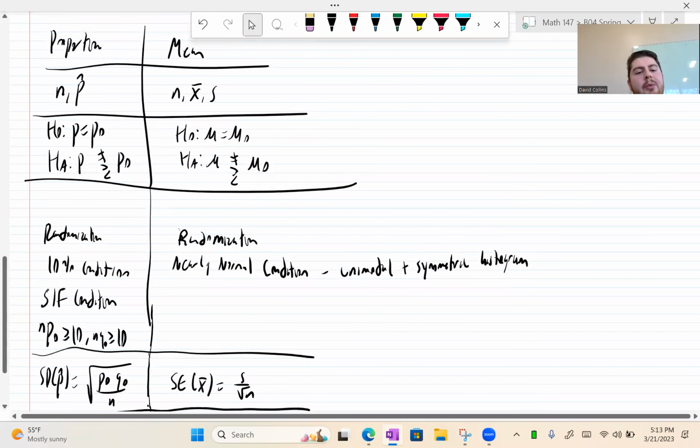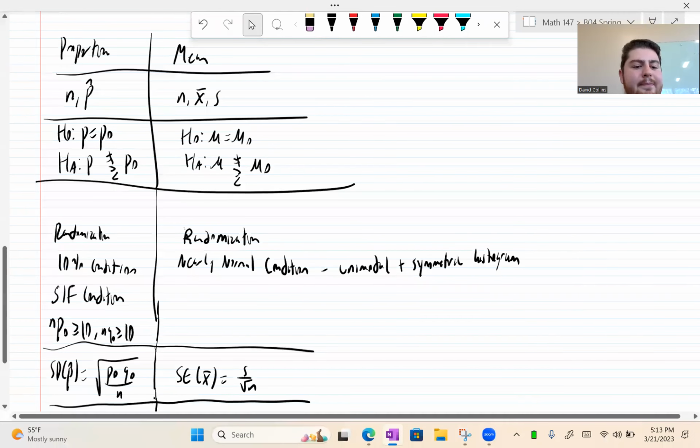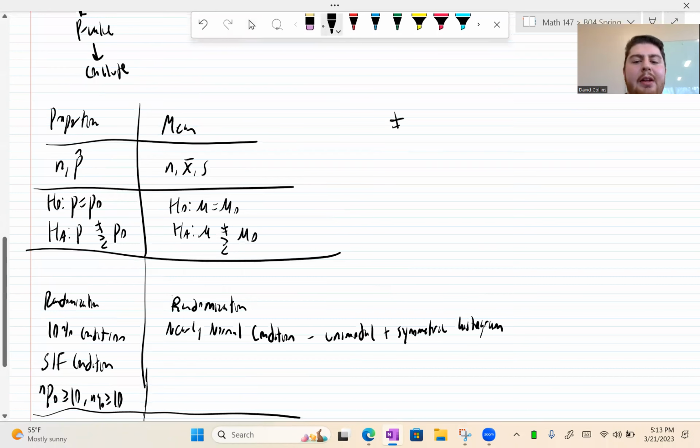You assume you know what your p or mu is, and then you're trying to see if it's not that, if it's different in some way. Now, not equals to means less than or greater than.